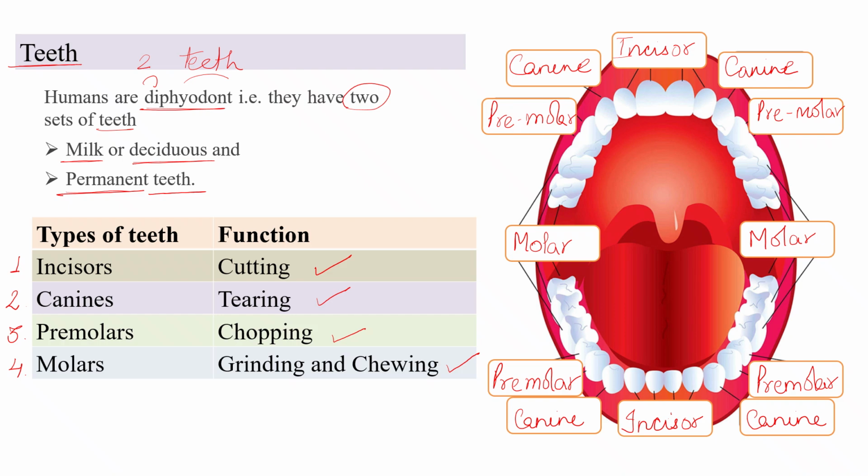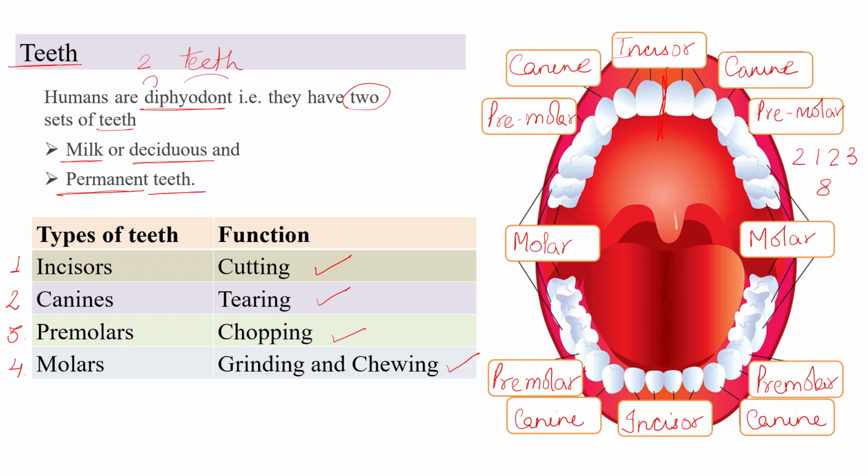Here you can see this is the upper jaw and this is the lower jaw. In the upper jaw, if we talk about one half of the jaw, we have two incisors, one canine, two premolars, and three molars. That is 2, 1, 2, 3. That is total 8.